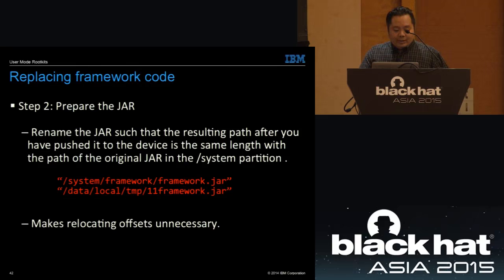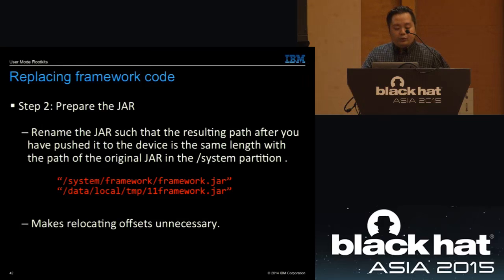So since we need to replace the path in our generated auth file with the original one, we need to make it the same length so we don't have to relocate some offsets, we don't have to move around stuff and recalculate the offsets in the subsequent fields of the headers.